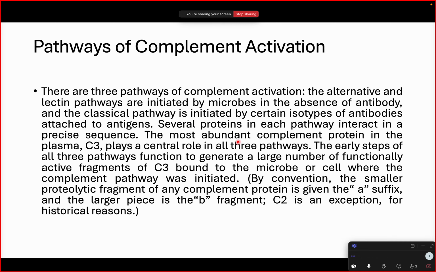The most abundant complement protein in the plasma, that is C3, plays a central role in all three pathways. The early steps of all three pathways function to generate a large number of functionally active fragments of C3 bound to the microbe or cell where the complement pathway was initiated.